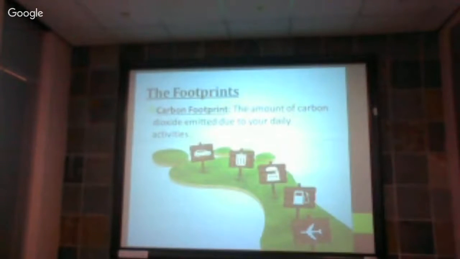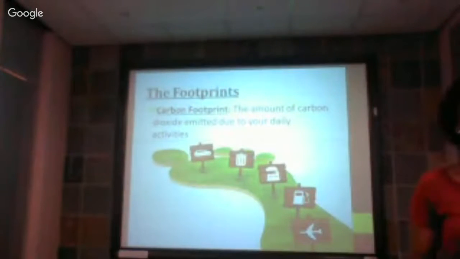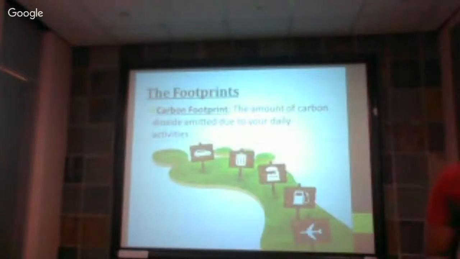As we stand, the USA has 19.8 tons of CO2 per person, and Kenya, an example of a developing country, has 0.3 tons per person, which shows the contribution of developed countries versus developing countries to carbon footprint emissions.